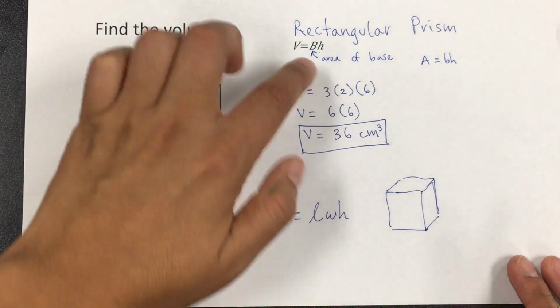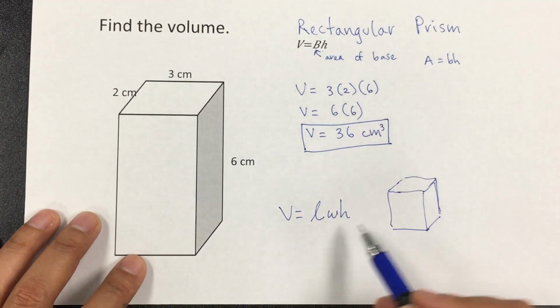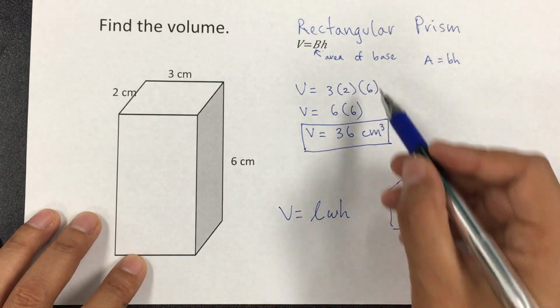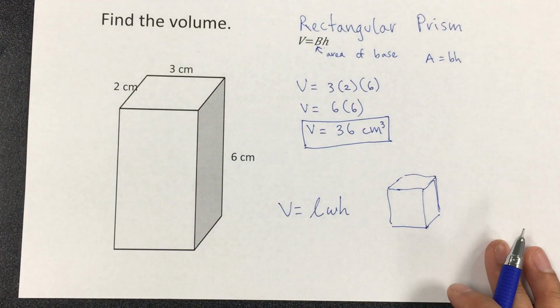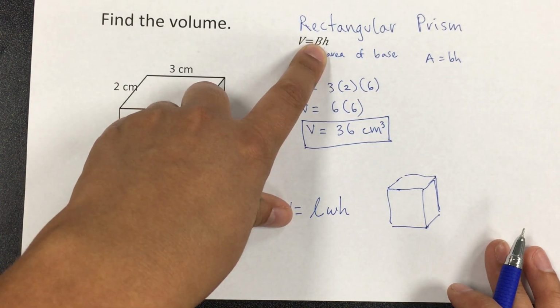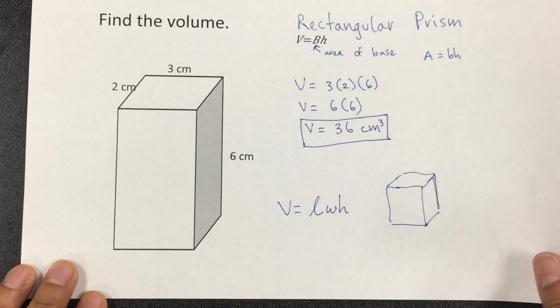So there are 2 different ways of seeing that, and you can use either one. The length will be the 3, the width will be the 2, and the height will be the 6. We're using the base version because we just learned the cylinder with the area of the base, which is a circle, and we're going to be looking at other kinds of prisms.